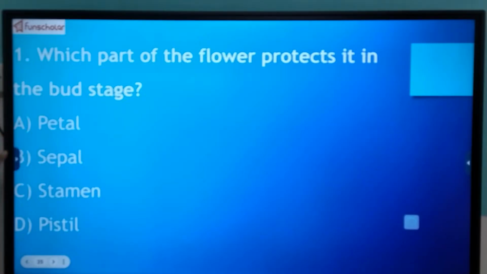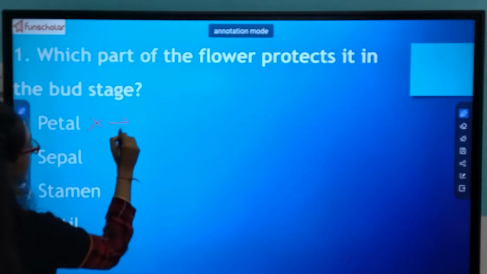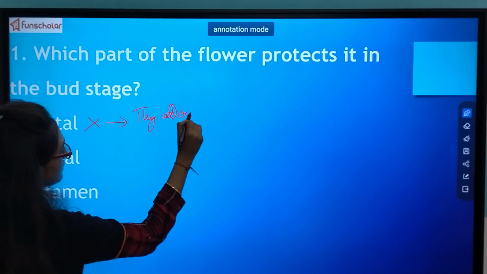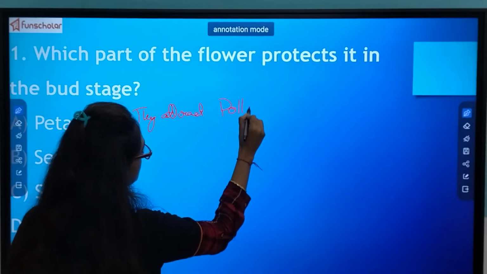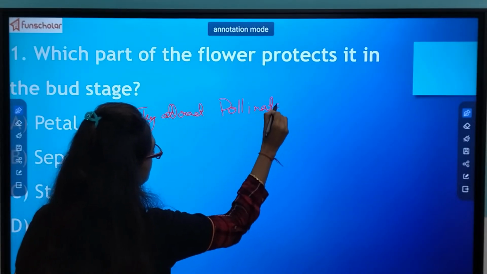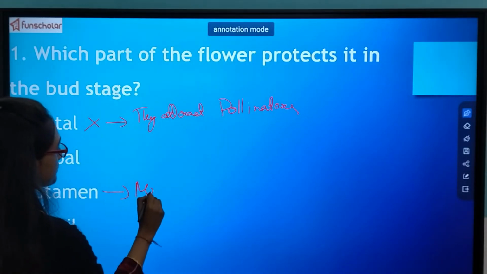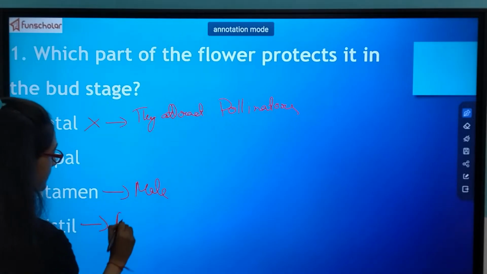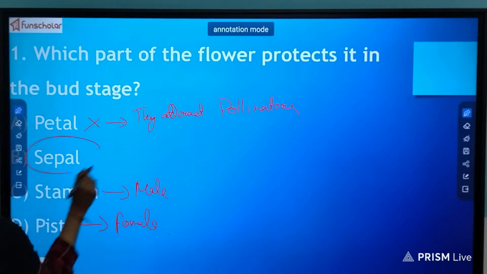Is it petal? No. They attract pollinators. Is it stamen? It is the male reproductive part. Is it pistil? It is the female reproductive part. So what is left?